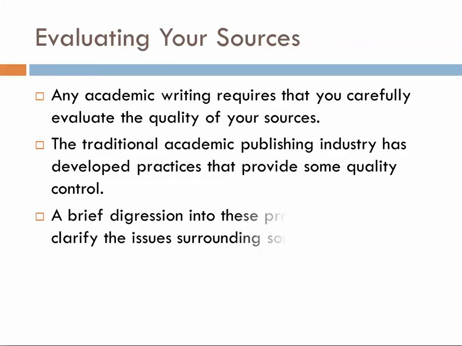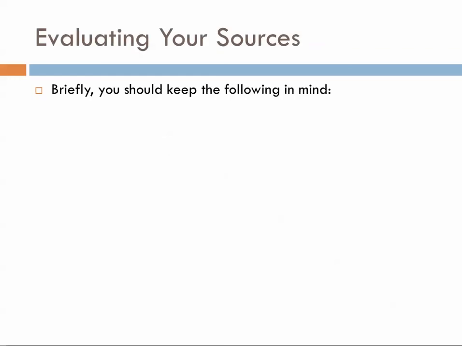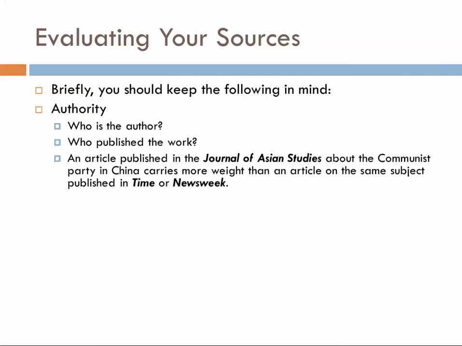And I'd like to digress a little bit in that direction to explain what I mean, to help clarify the issues surrounding your choice of sources. So keep the following in mind while you launch into your research, into compiling your annotated bibliography.